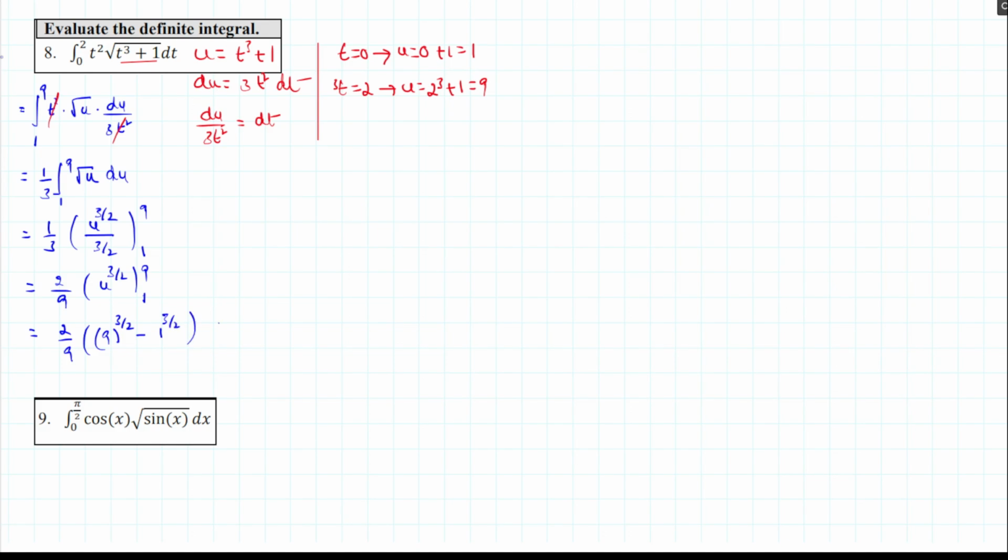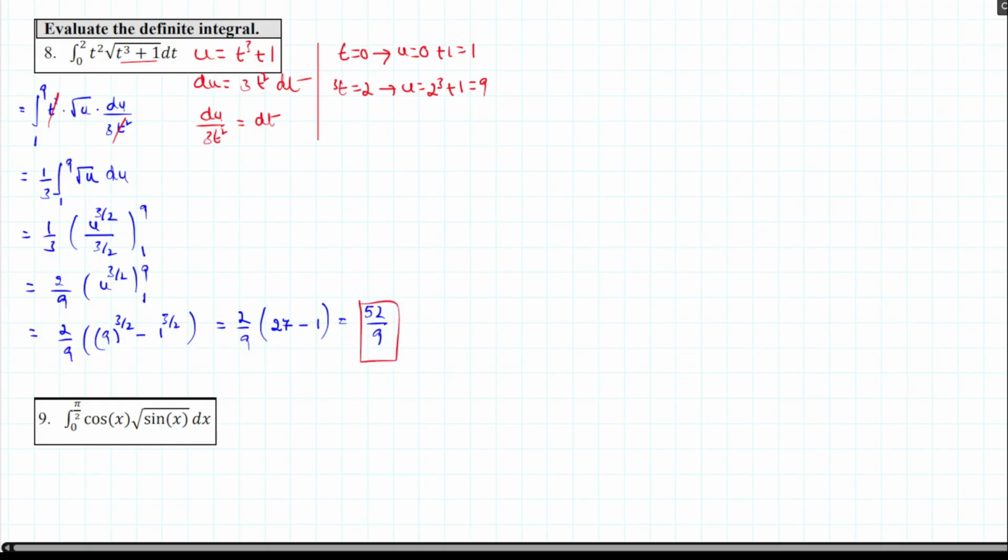So 9 can be written as 3 square, the 3 square and the 1 half get cancelled, so that is 3, and 3 cube is 27, minus 1 power anything is just 1, so this is equal to 27 minus 1 is 26, so 26 times 2, that is 52 over 9. So this is the integration.